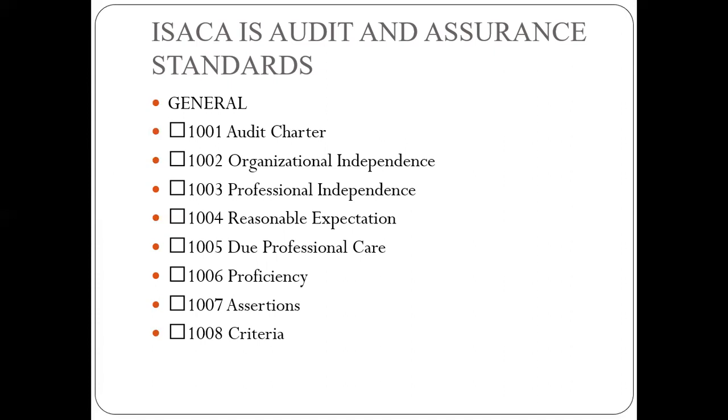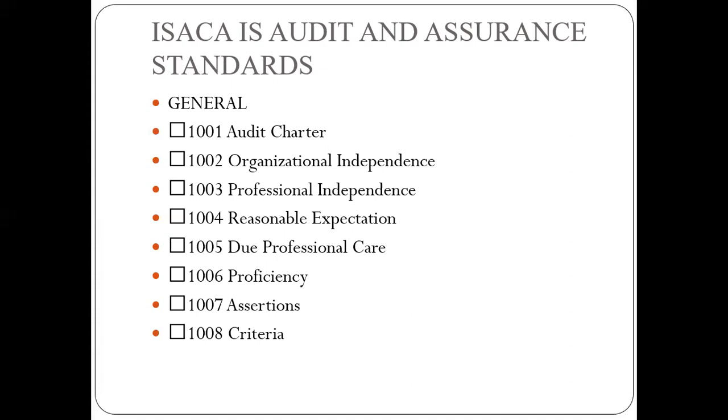So this empowers the internal auditors in the organization to function. If it is the external auditors we are considering, then we'll be looking at the engagement letter, right? The engagement letter is for the external auditors. But for internal auditors, the umbrella document that actually empowers them to function is the Audit Charter.